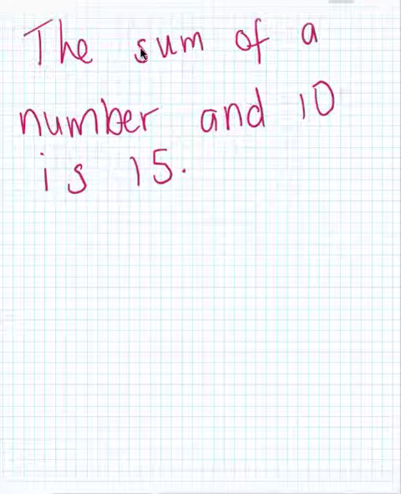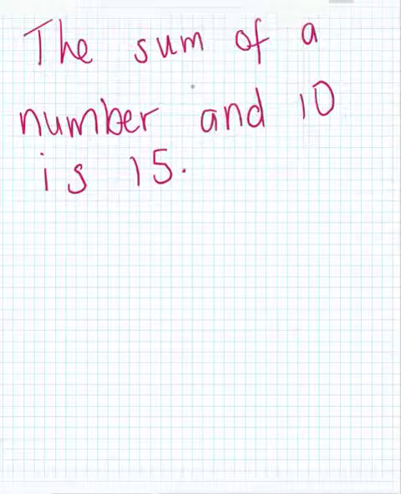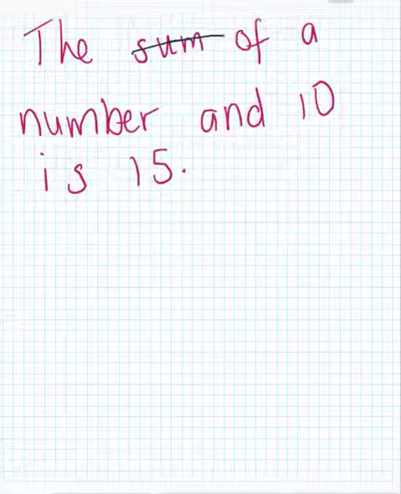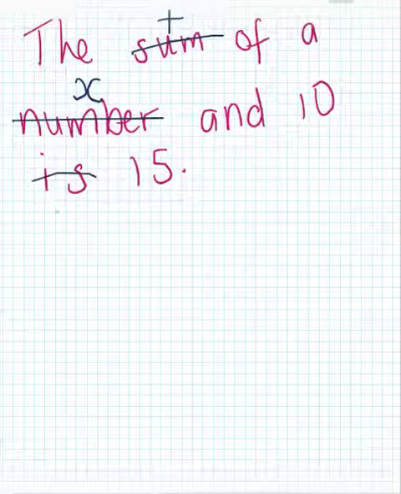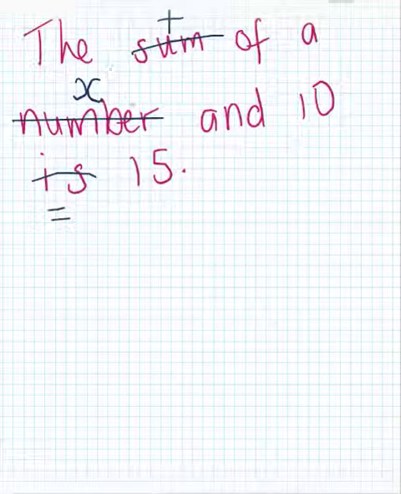Okay, the next question asks us the sum of a number and 10 is 15, and what is the number? So we know that for sum, the symbol we would use is addition, of a number that I'll call x, so I have to find what x is. Is means equal, so it's equal to 15. So the sum of a number, which I'm calling x, and 10.